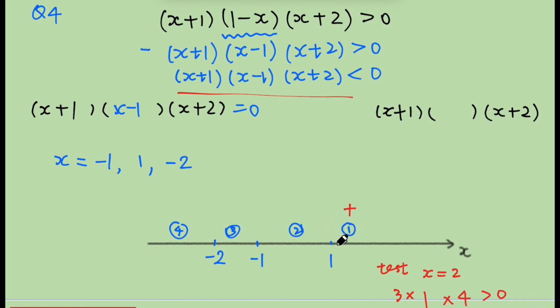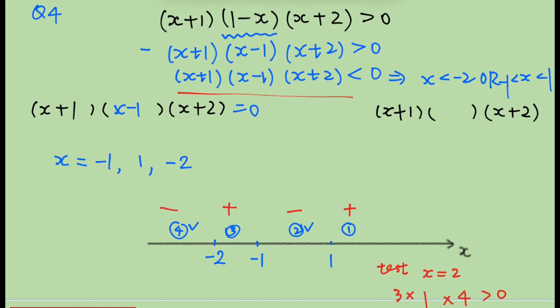And then we are going to use negative and positive alternatively to determine the sign. We would like to get the result with the product being negative, and then we will need section 4 and section 3. We show the solution using the inequality: x less than -2 or x between -1 and 1.